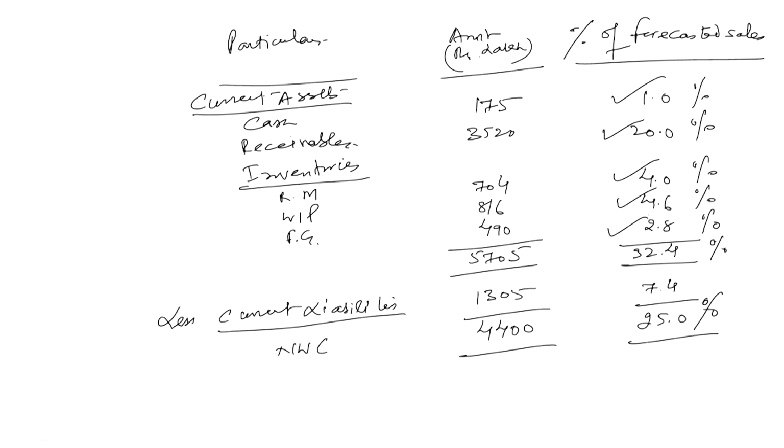So, if you increase the finished goods inventory, the investment in finished goods inventory has to increase, and the level of current assets will go up. This will not be 5705, but it will increase.